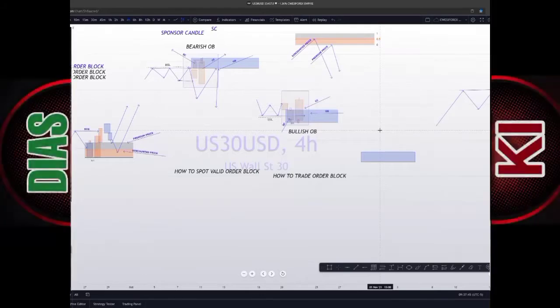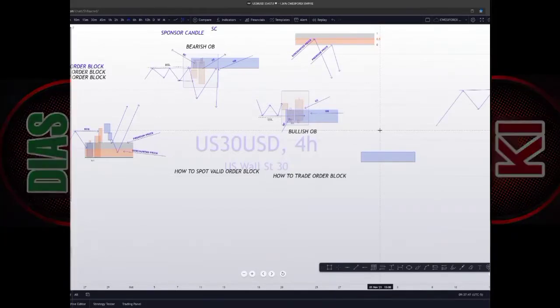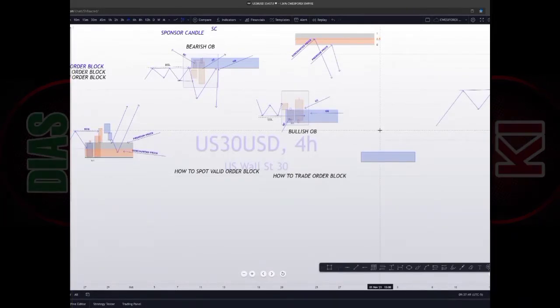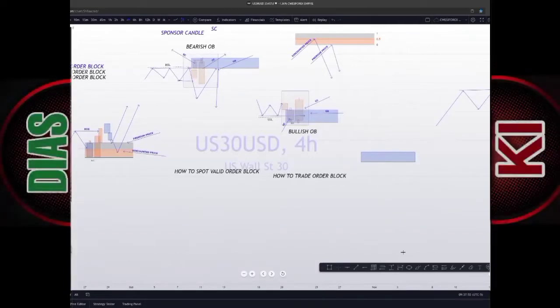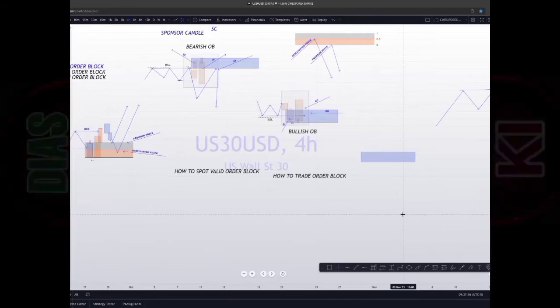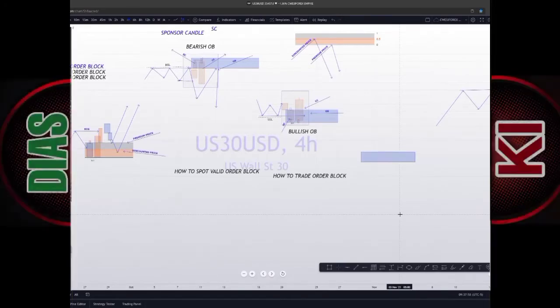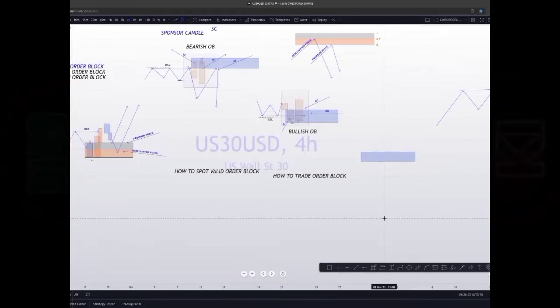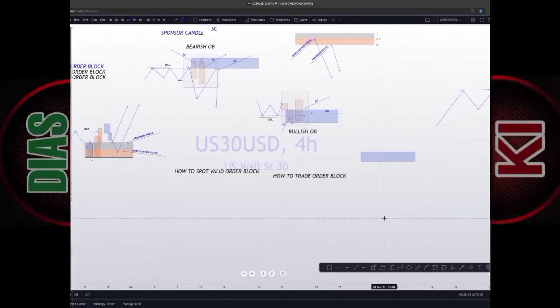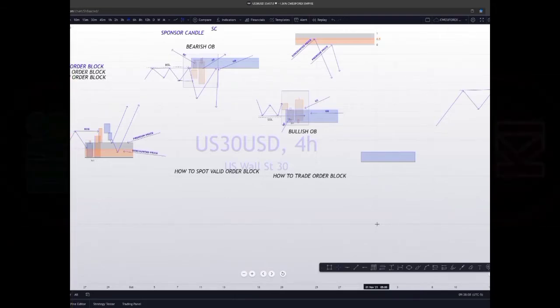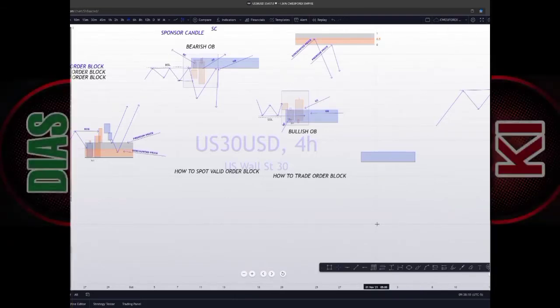So when the banks or institutions close their orders or positions, price has to return back to that place to close that order that they took over there. That's the mitigation. That's the whole idea of another block. Price has to mitigate another block and move in the opposite direction. Or it's just the market collecting money and moving in the opposite direction.